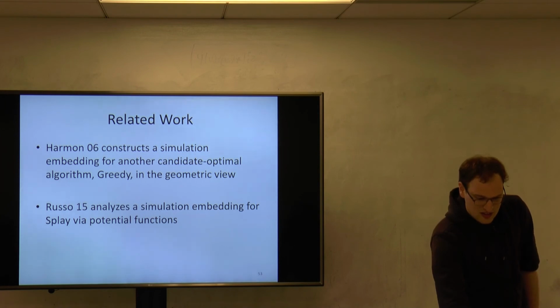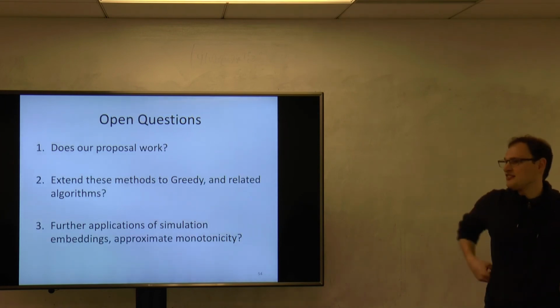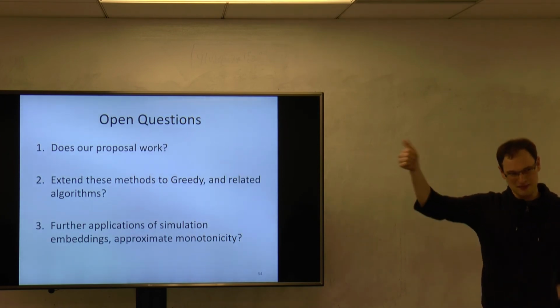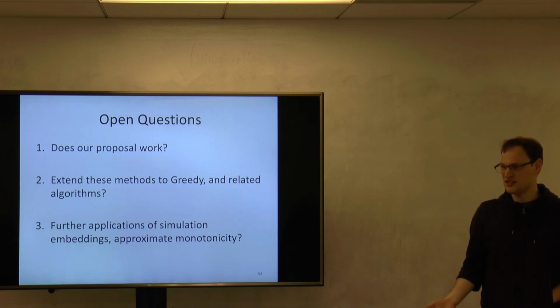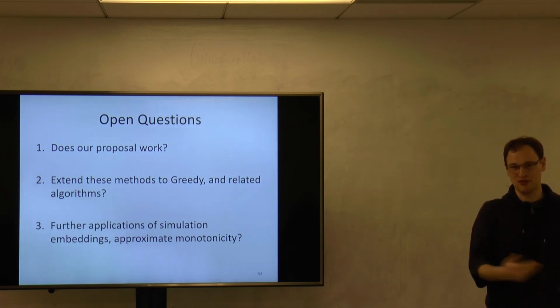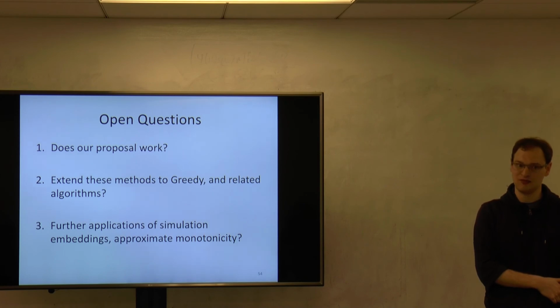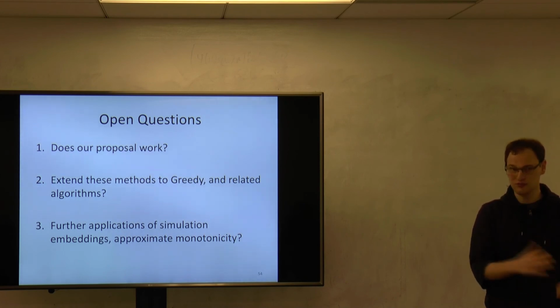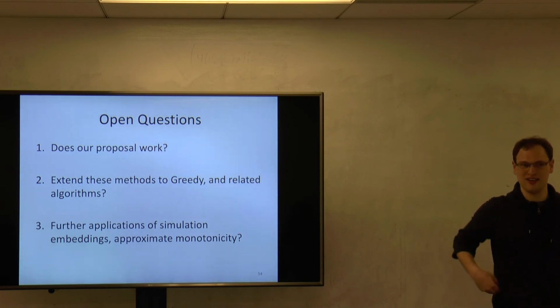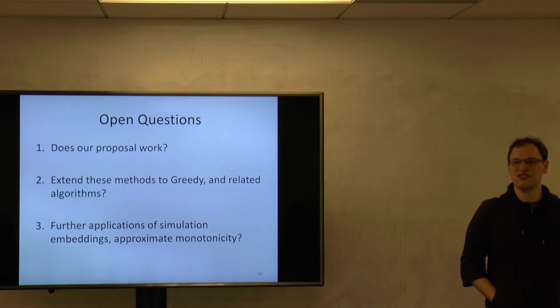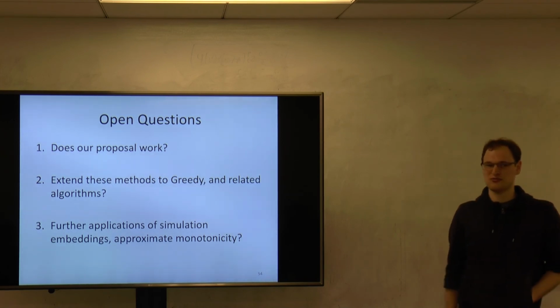And so the main things that I would wonder are, one, do the ideas for adapting this proof of monotonicity from the lower bound to Splay work? Does that actually get you to optimality? Two, adapting some of these techniques for additive overhead to greedy and other algorithms in this model.